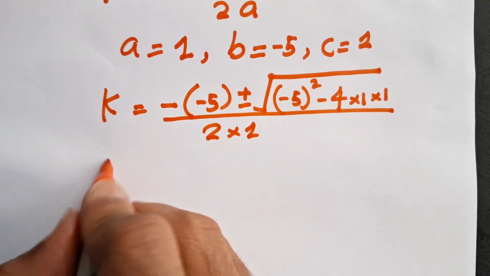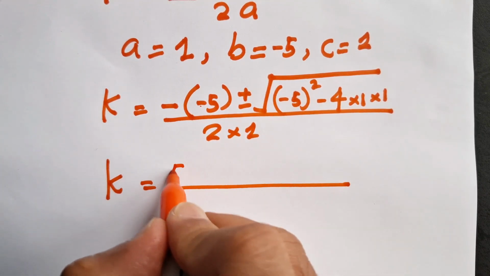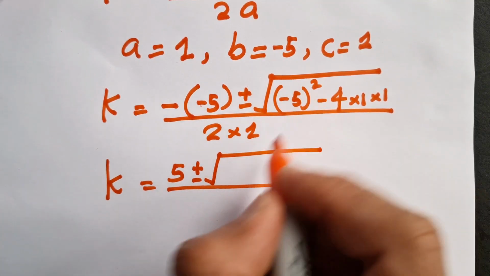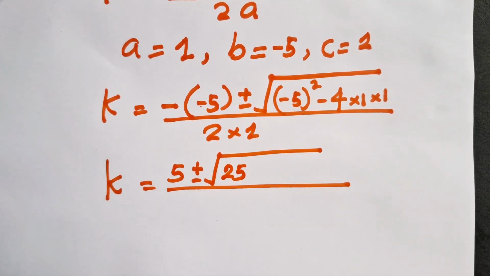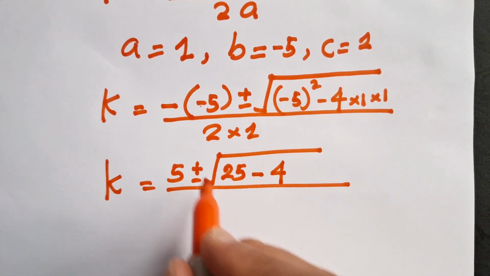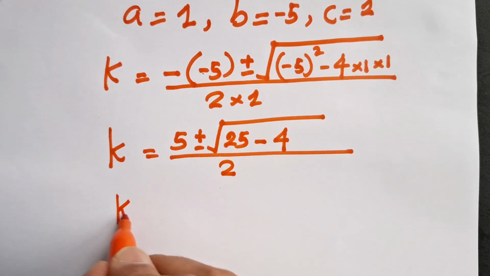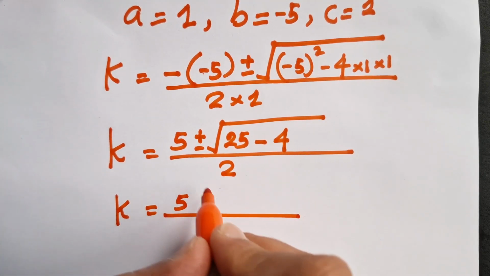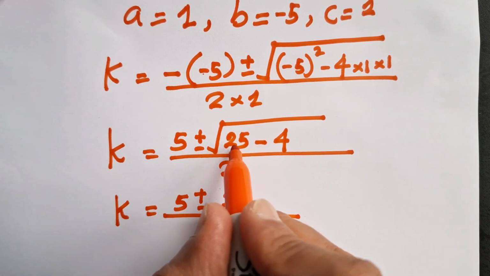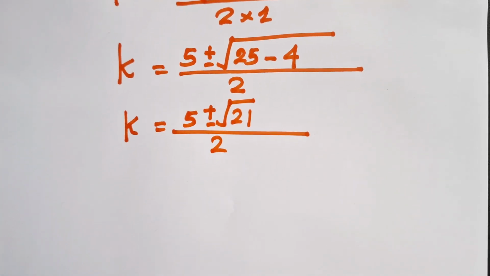Then we will have minus times minus 5 is equal to plus 5, plus or minus, inside the square root we have minus 5 squared, which is plus 25, minus 4 times 1 times 1 which is 4, divided by 2 times 1 which is 2. So then k is equal to 5 plus or minus, in the square root we have 21, since 25 minus 4 is equal to 21, divided by 2.